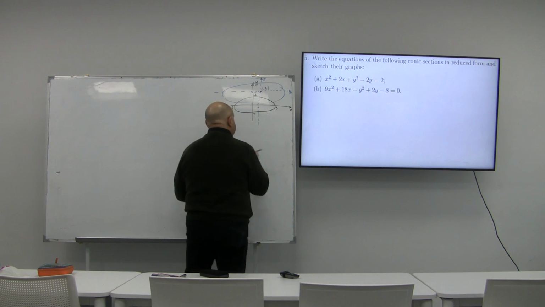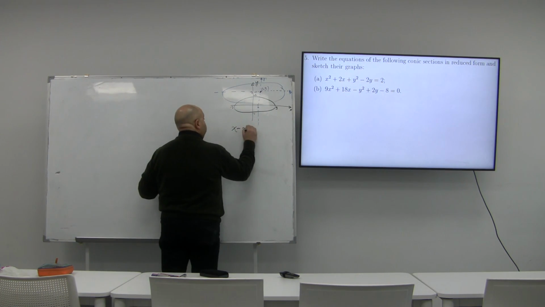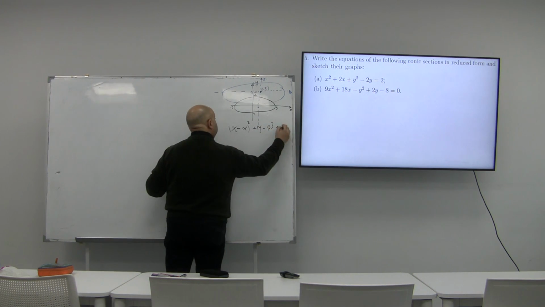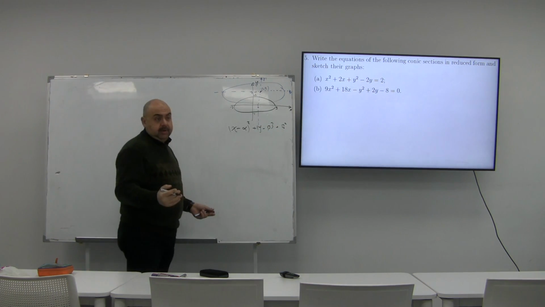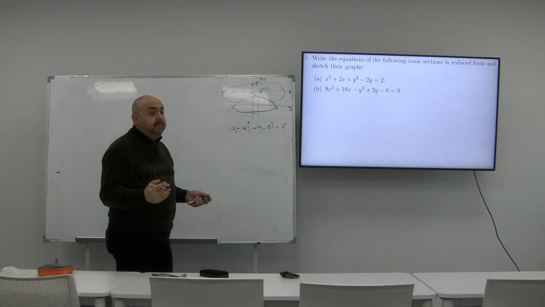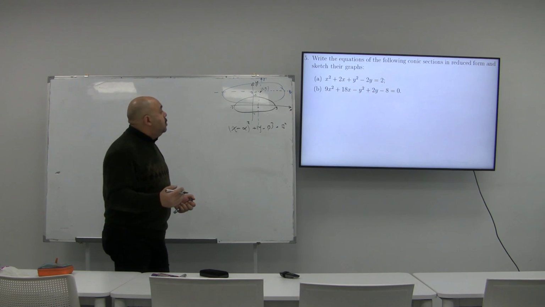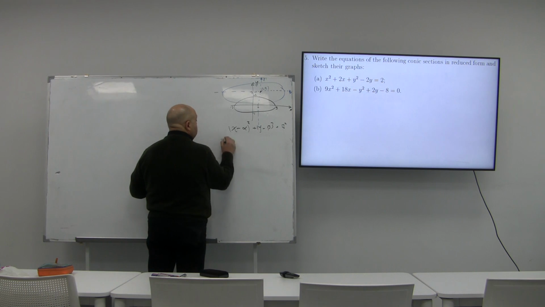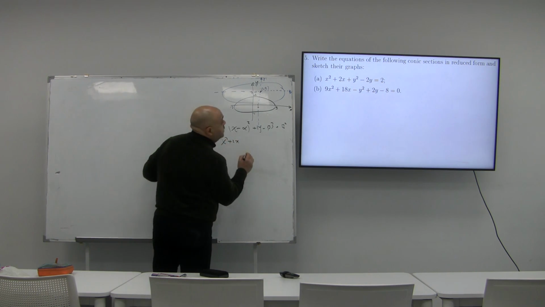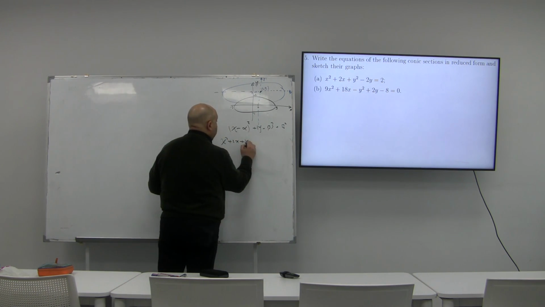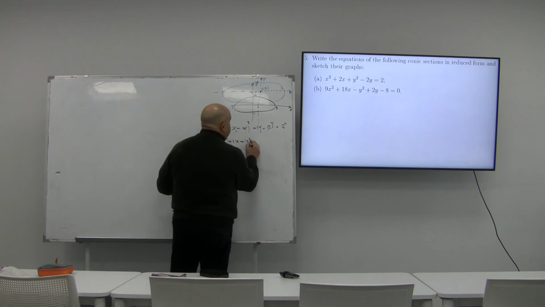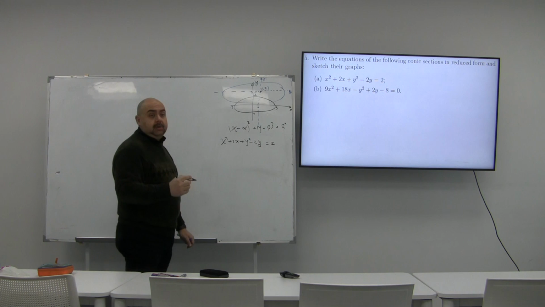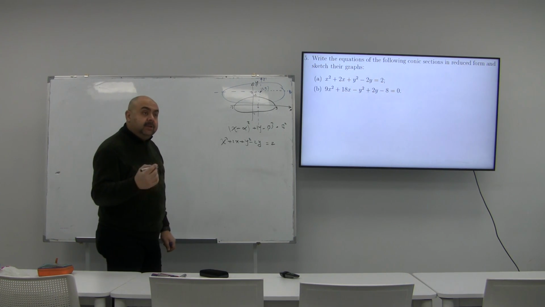The standard form is (x minus alpha) to the power of 2 plus (y minus beta) to the power of 2 equals a squared, or r squared. So I will need to complete the square. How to do a complete square for such a problem? I have x squared plus 2x plus y squared minus 2y equals 2. I will start the completing square process.